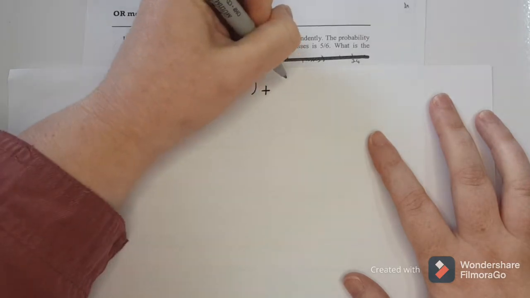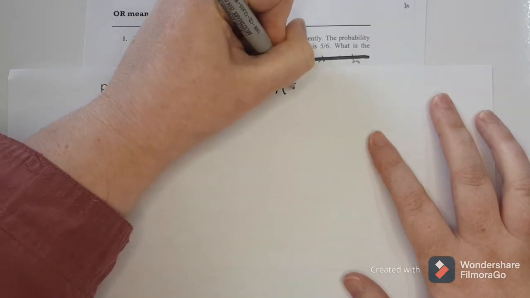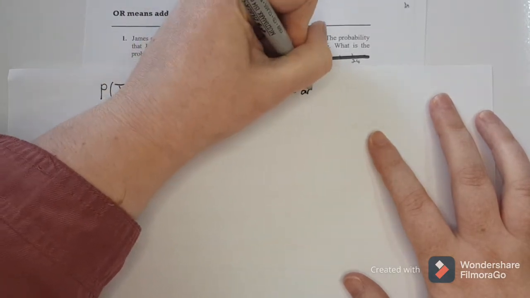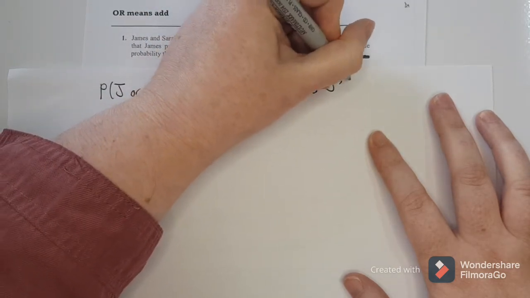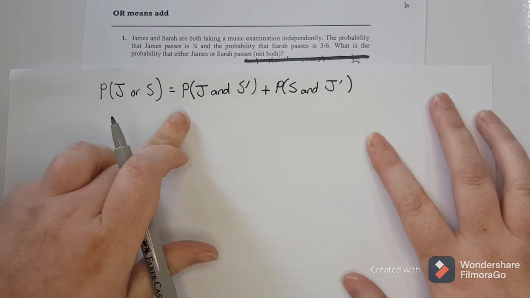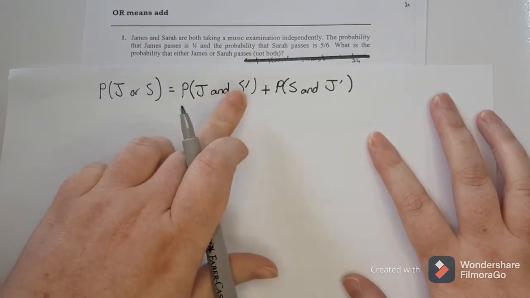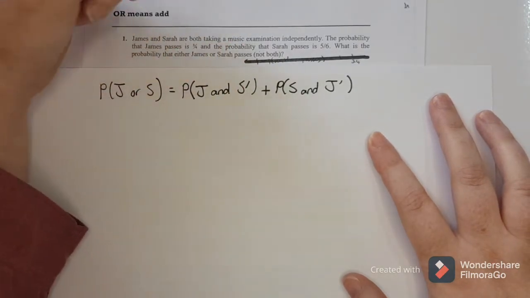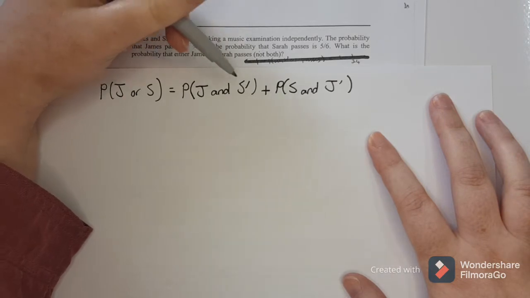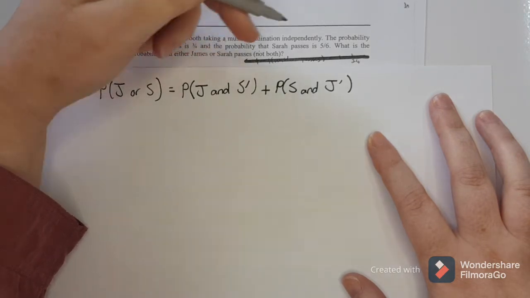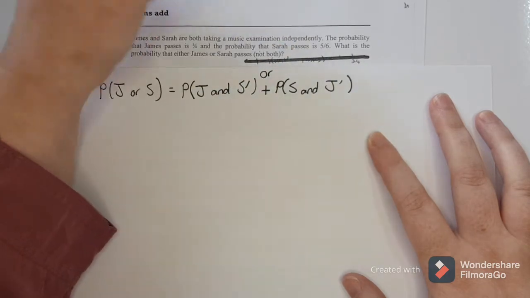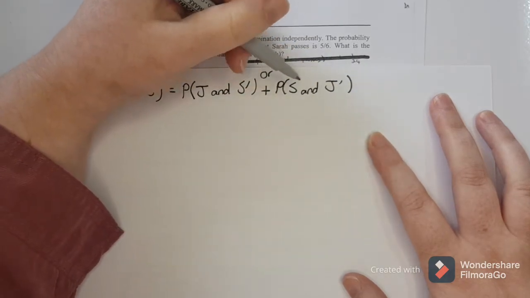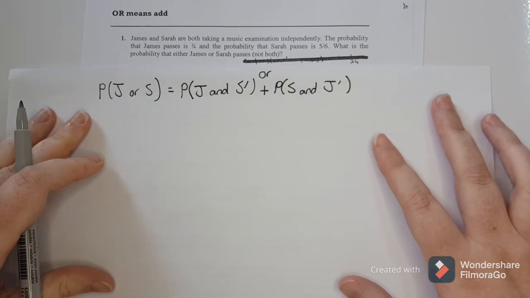Or we could have the probability that Sarah passed and James didn't pass. So we're going to multiply and add, because we want James passing and Sarah not passing, or, remember that's or, for our add, Sarah passing and James not passing.